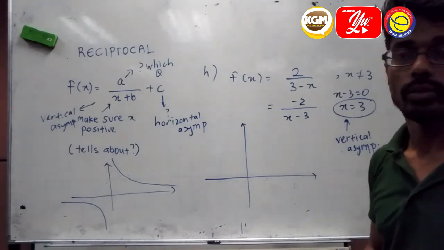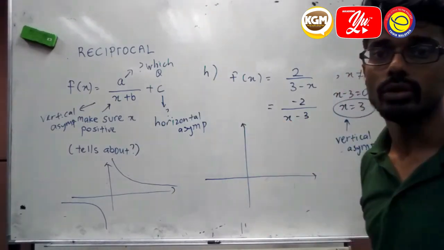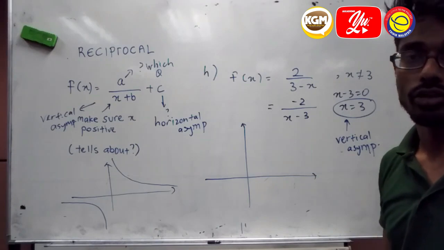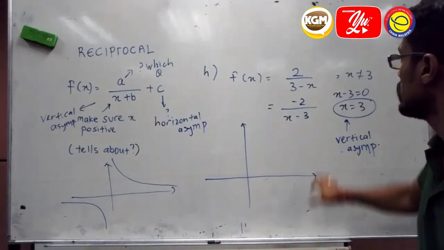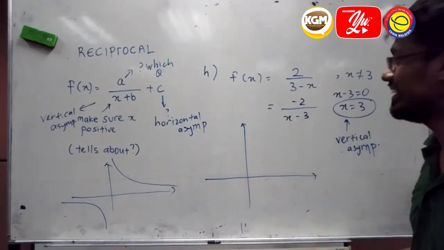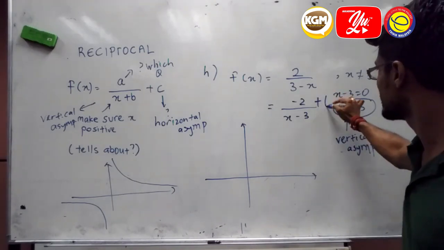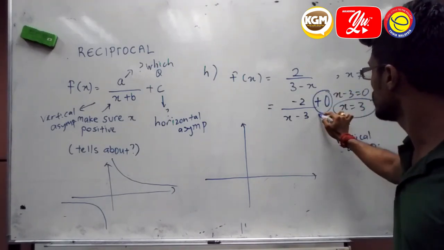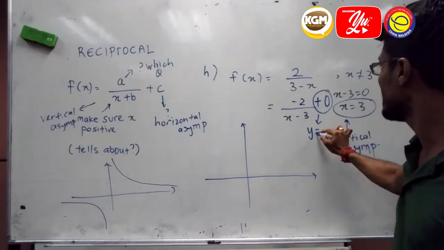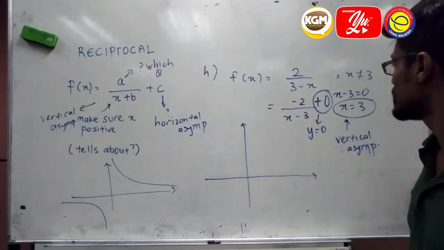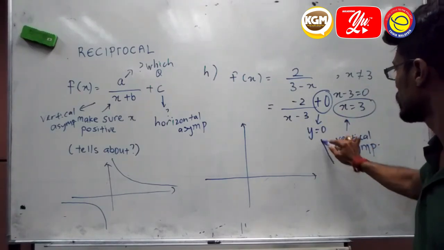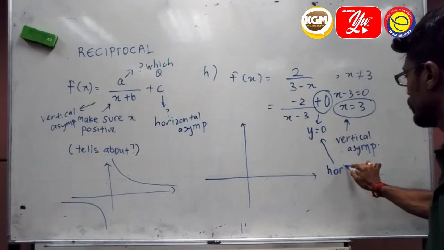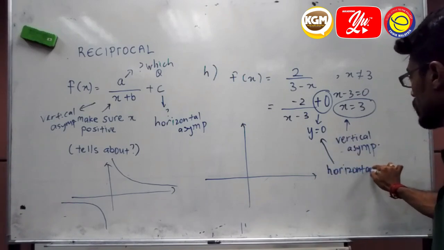The plus c tells me my horizontal asymptote. Here there is no number, i.e. it is just plus 0. So y equal to 0 is my horizontal asymptote.